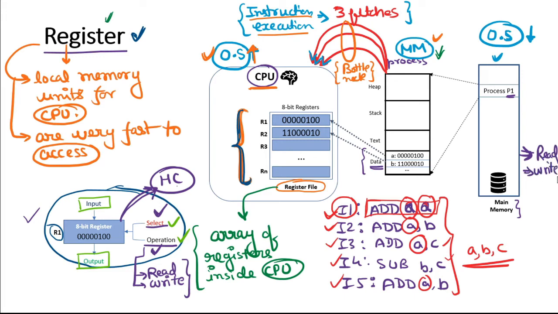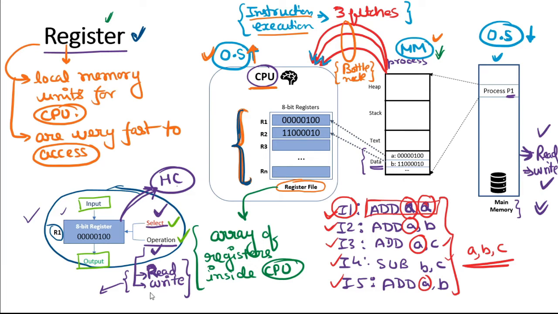The CPU can do these two operations on main memory, and main memory is a storage unit. Register is also a storage unit, so only these two operations can be performed on a register as well. The CPU will be performing only read or write on a register.